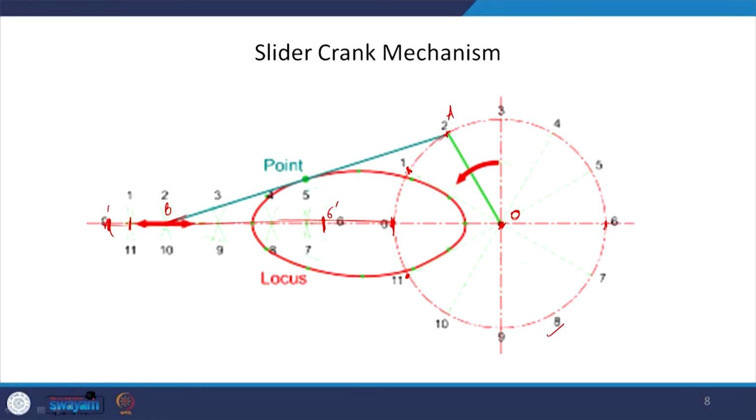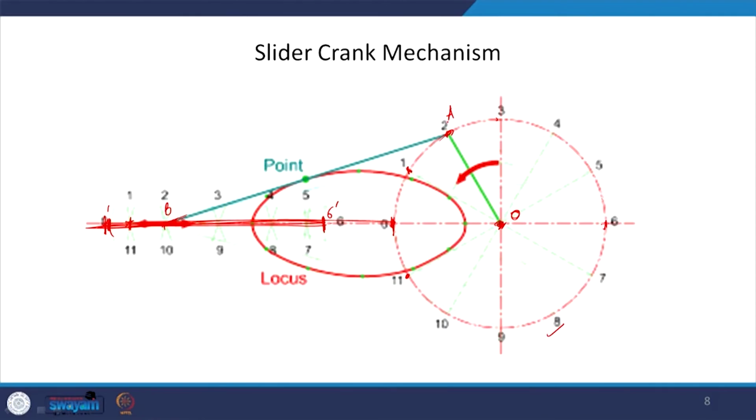So, we will have 1 dash equal to AB, 2 dash equal to AB, 3 dash equal to AB. The only thing is that this B moves in a linear line, on a straight line, and we say that it just slides. So, it is moving in a linear line while we are moving this crank in a circular manner.